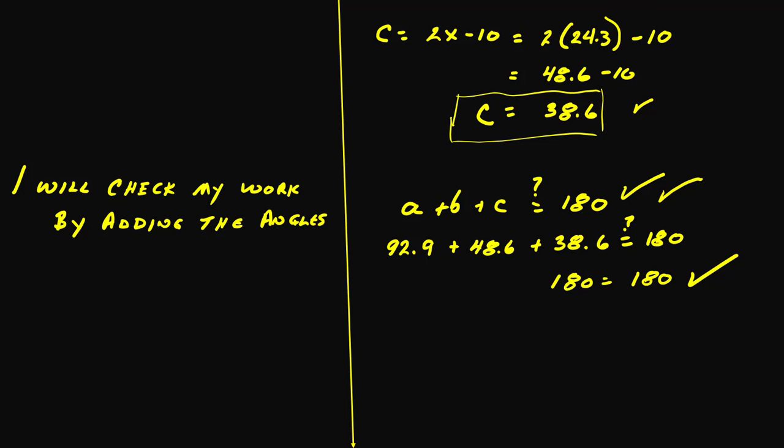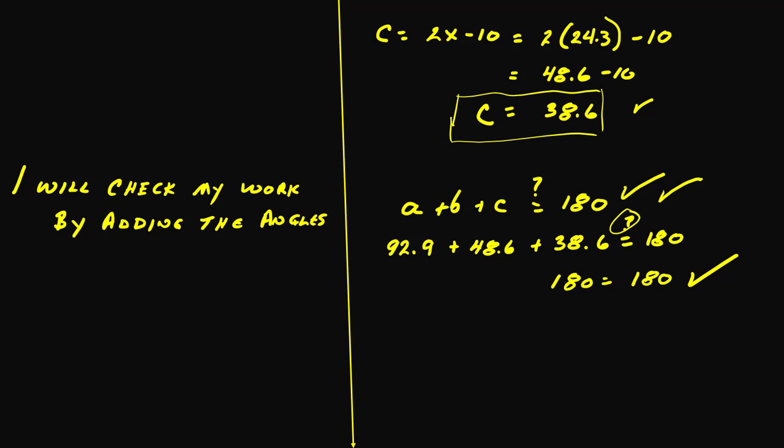A was 92.5, B was 48.6, and C was 38.6. And I put this question mark here because I don't know yet until I actually do the arithmetic.